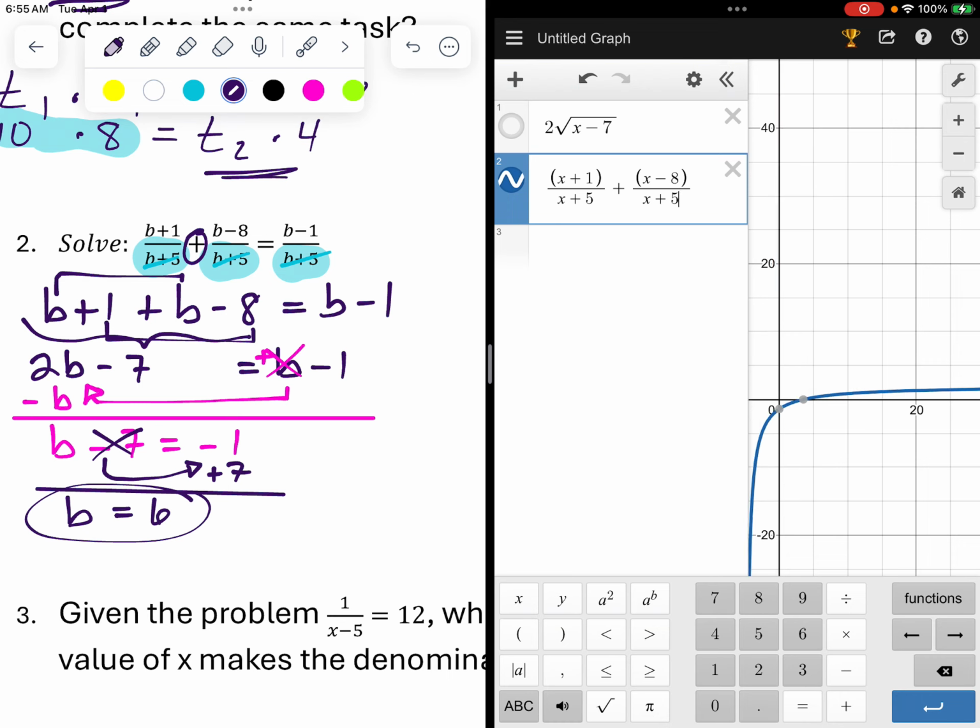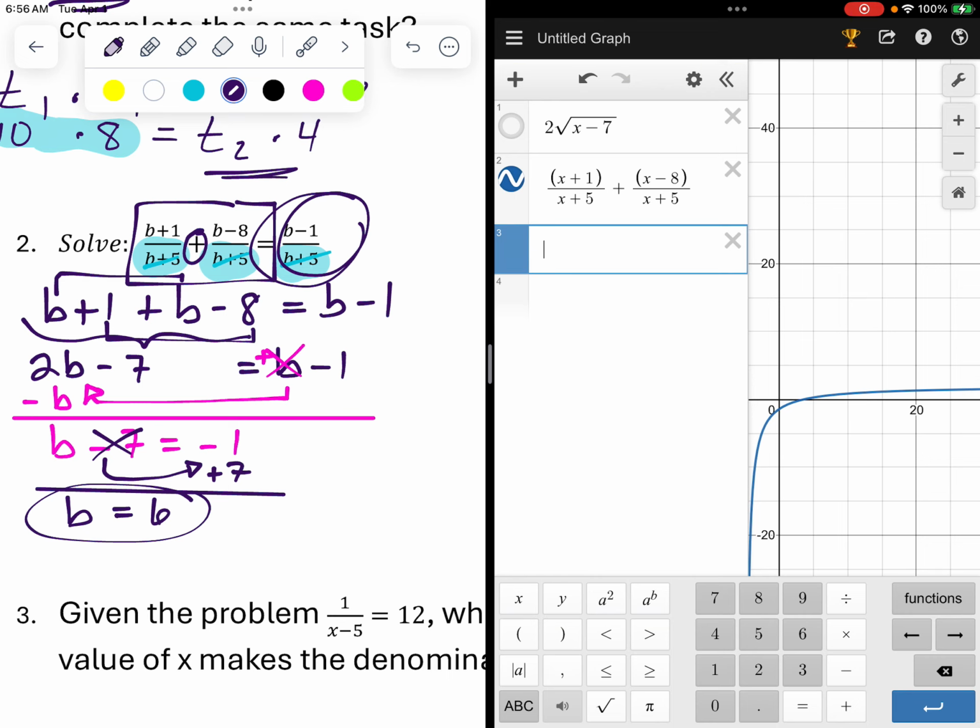So we type the left side of this equation right here, typing the left side in box 1 or input box 1. Just pretend like that top one is not there, the 2 times the square root of x minus 7. Pretend like that's gone. I have it unselected, so it's not being graphed. Then we're going to type in this guy right here in box 2.